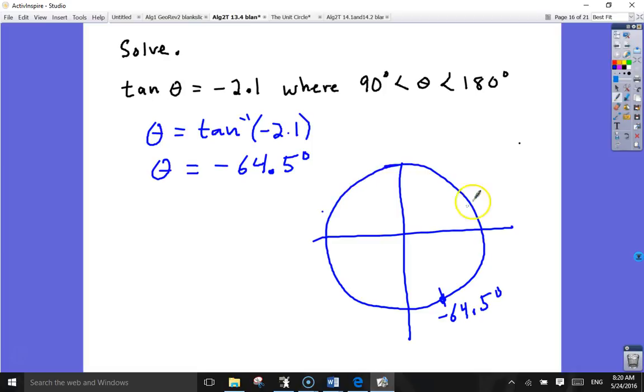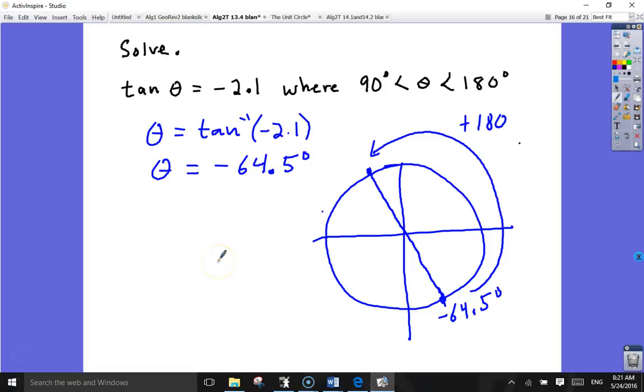So for tangent, the way that you find the angle is you just go straight across the circle. Add 180 degrees. Remember that the tangent is negative in both of those quadrants. In quadrant 4, that was a positive x and a negative y, but in quadrant 2, that's a negative x and a positive y, but the distances are still the same.